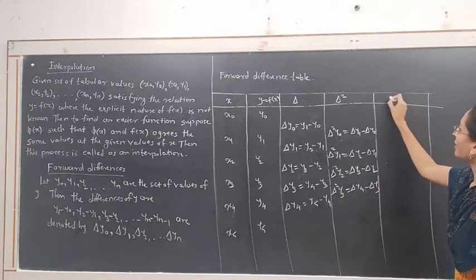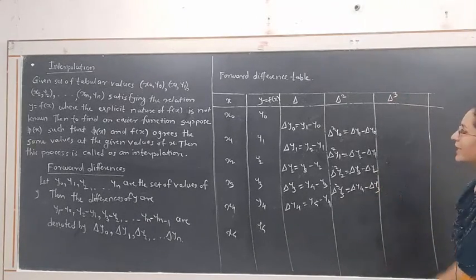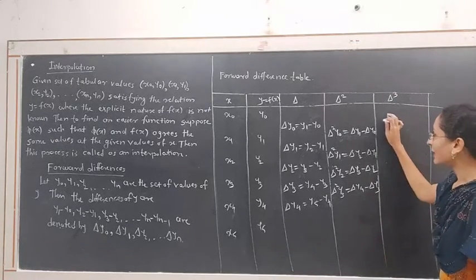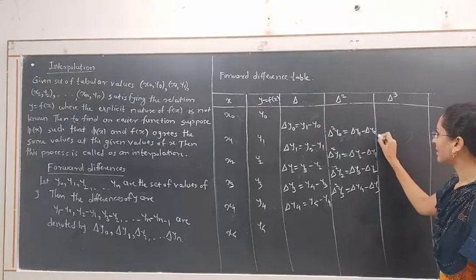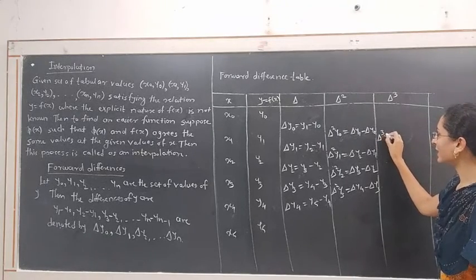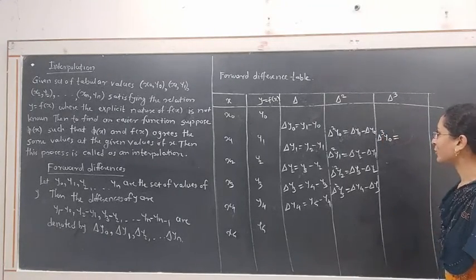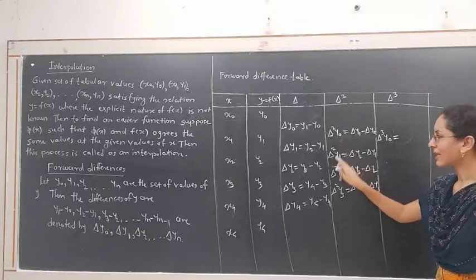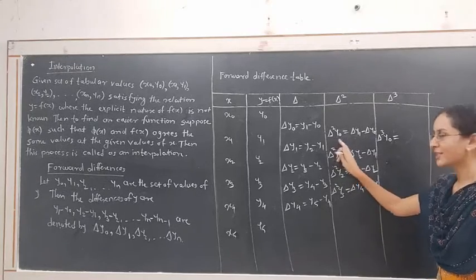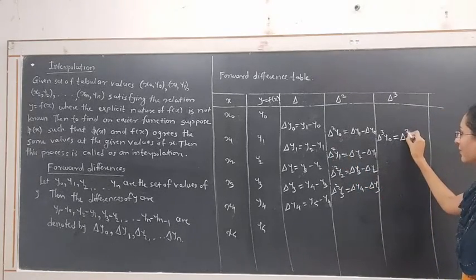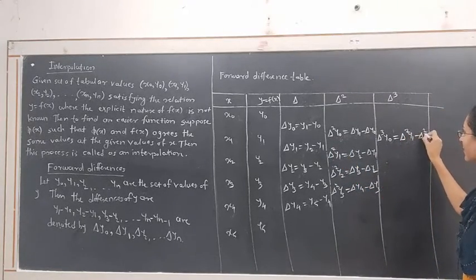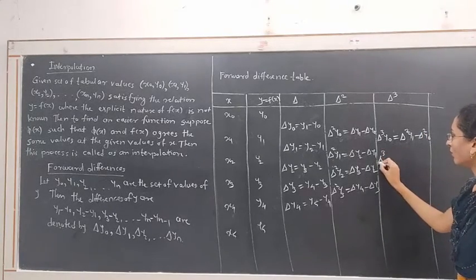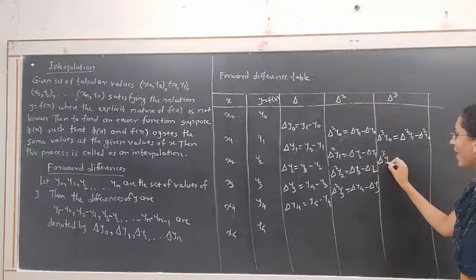In the next column we get the values of del cube, third order differences, third order forward differences. Initially we get del raised to 3 y0, which is the difference of del square y1 and del square y0. Del square y1 minus del square y0. Next we get the third order forward difference at y1.